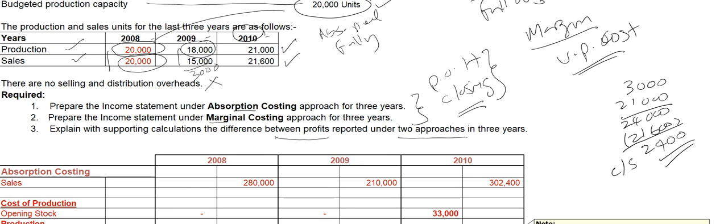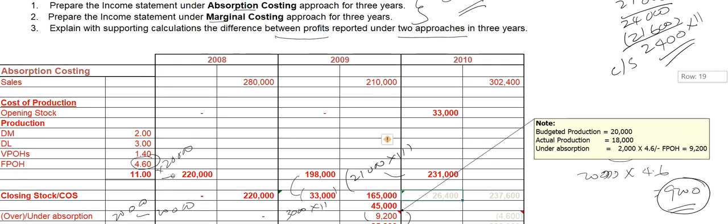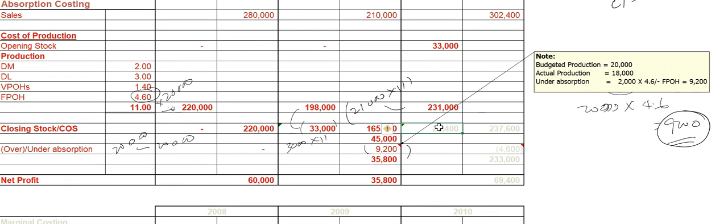Is that correct? Yes, 2,400. This has to be valued at 11. So how much is that? If you value at 11, which will be 26,400. Now calculate the cost of sales, opening stocks plus production minus closing stock, 237,600.